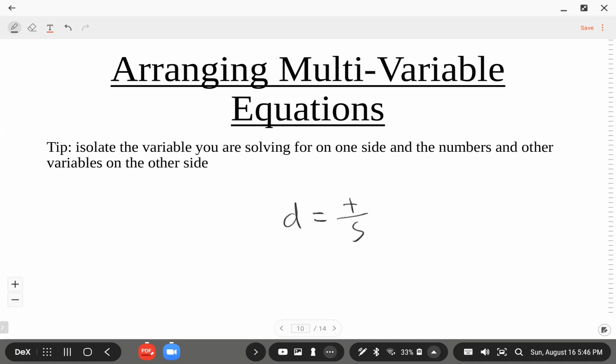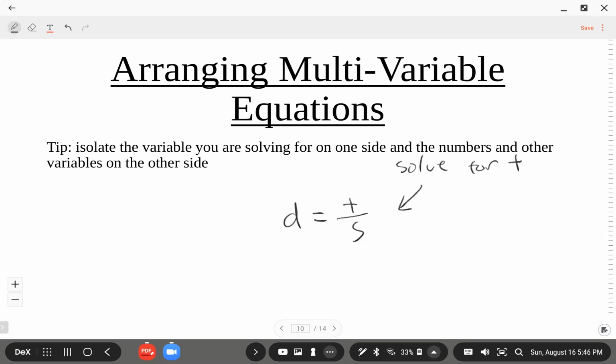And how do we arrange the multivariable equation? When you're arranging multivariable equations, you have to solve for one variable. Let's say solve for t in this multivariable equation.